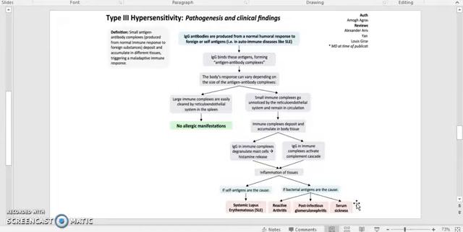In the presence of an excess amount of soluble antigen, the antigen antibody complex may not be efficiently removed. This accumulation can lead to the hypersensitivity reaction from the complement activation. So this is type 3 hypersensitivity. In the next video, we will discuss type 4 hypersensitivity and an overview of the hypersensitivity reactions.